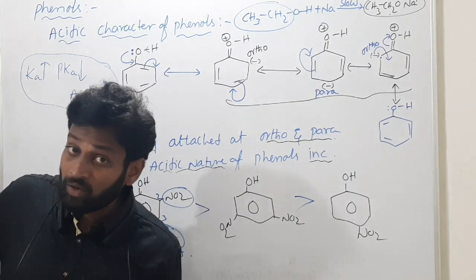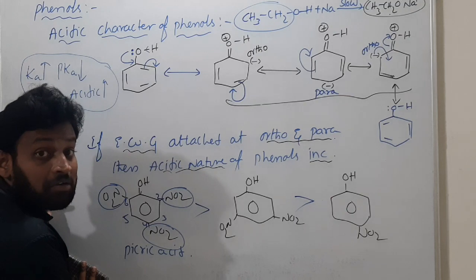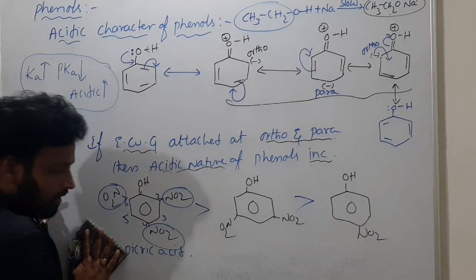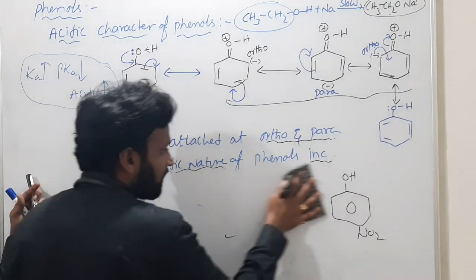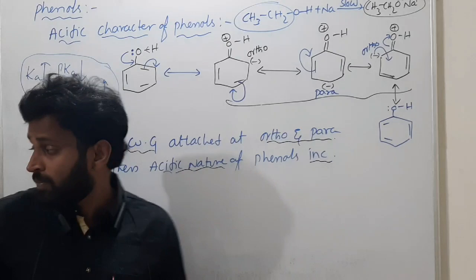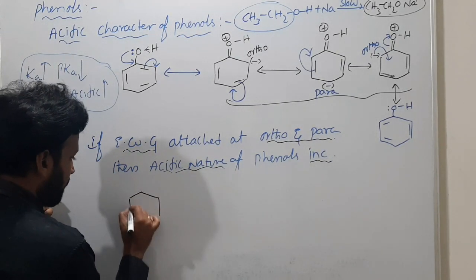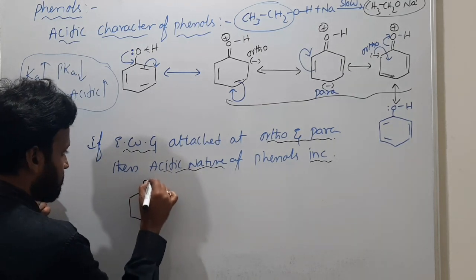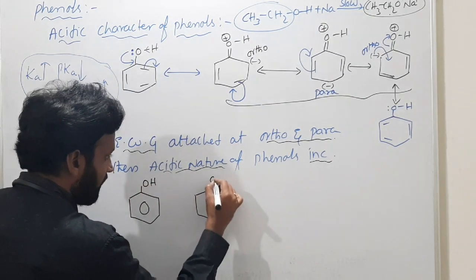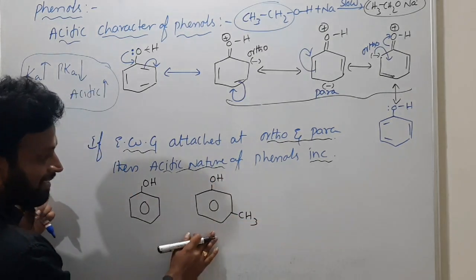But if electron donating groups increase, then acidic character decreases. Alkyl groups, plus I groups or plus M groups are called electron donating groups. Suppose an electron donating group is there on phenol: C6H5OH with CH3, metacresol.